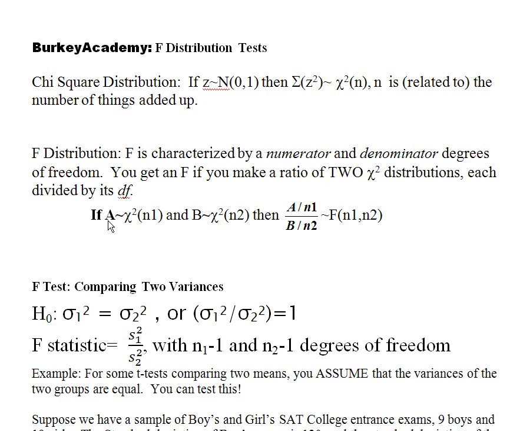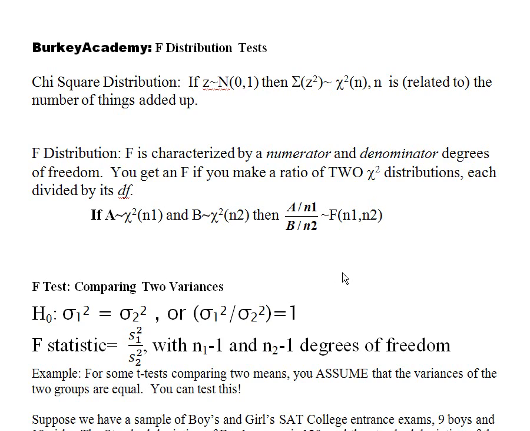So the technical definition: if A is something that has a chi-squared distribution with n1 degrees of freedom, and B is something that also has a chi-squared distribution with n2 degrees of freedom, take A divided by its degrees of freedom in the numerator of a fraction, divided by B divided by its degrees of freedom in the denominator of a fraction, and that's where an F distribution comes from.